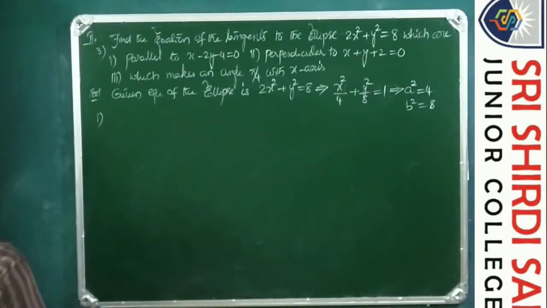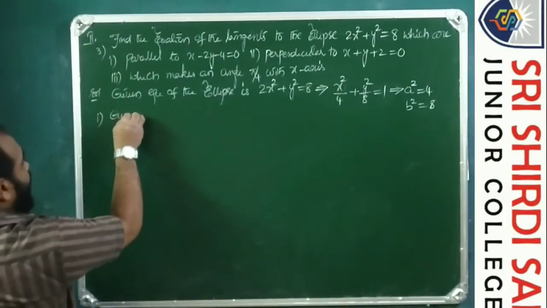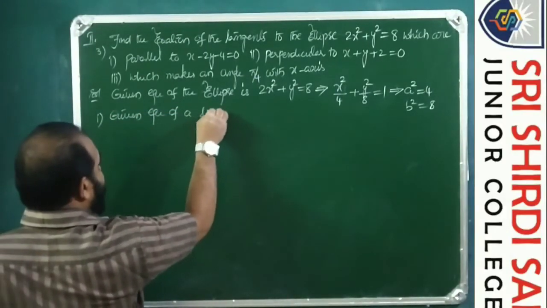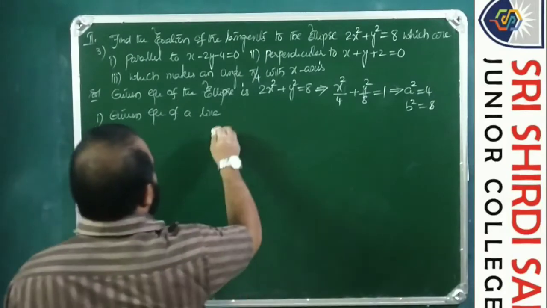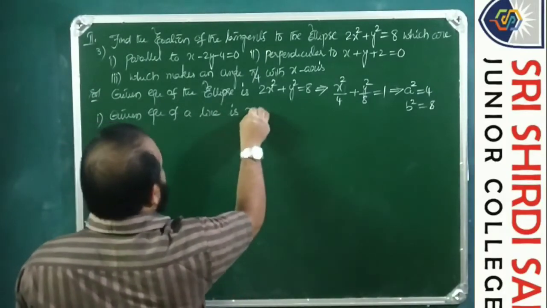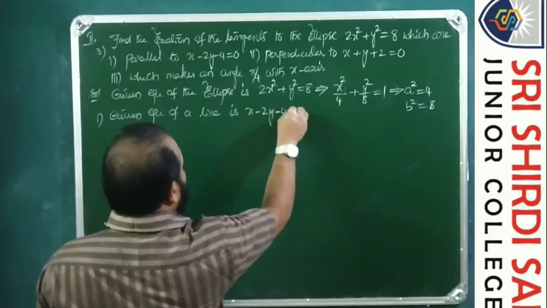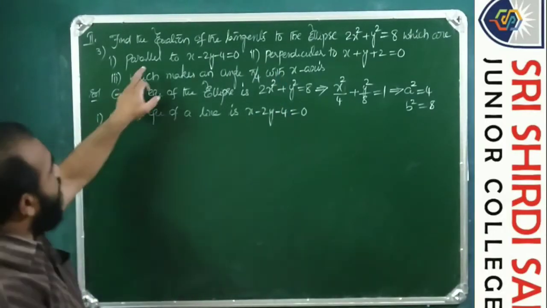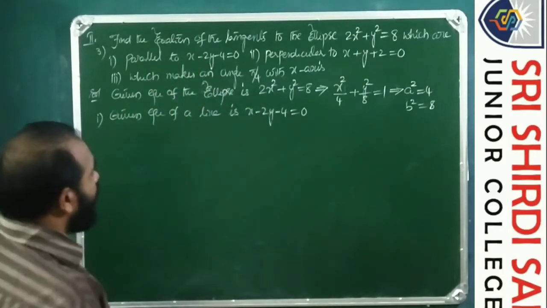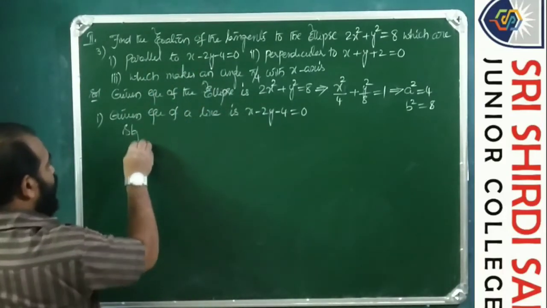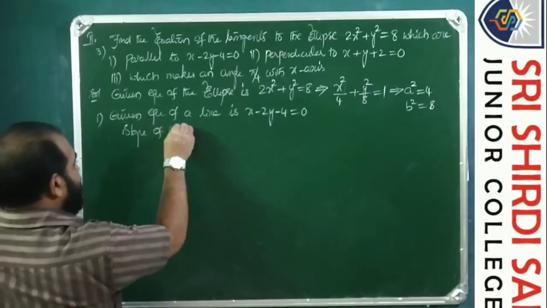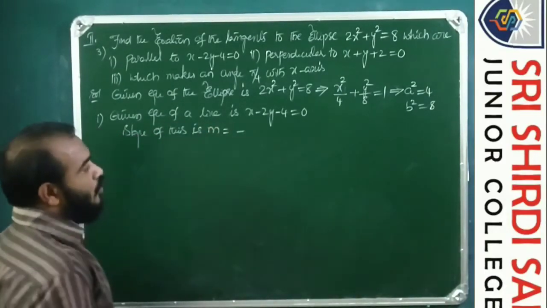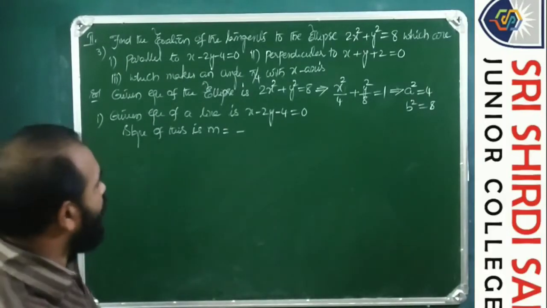First one, given equation of a line is x minus 2y minus 4 equals to 0. So, the tangent parallel to this. What is the slope of this? Slope of this is m equals to minus a by b, minus coefficient of x by coefficient of y.